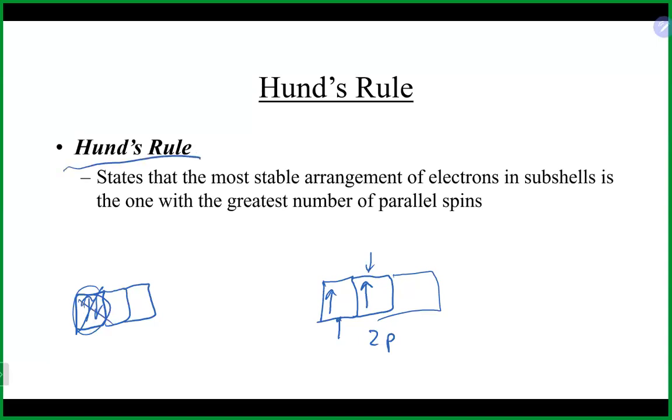So this rule basically states that when you get to p subshells, d subshells, or f subshells, where there are multiple orbitals that make up that subshell, they pretty much go in one at a time until you can't put any more in, and then they come back and start pairing up afterwards. So that is how we fill the electrons within a subshell one at a time in the upwards direction to maximize the parallel spin. And then when you have no more room, we come back and pair it up.